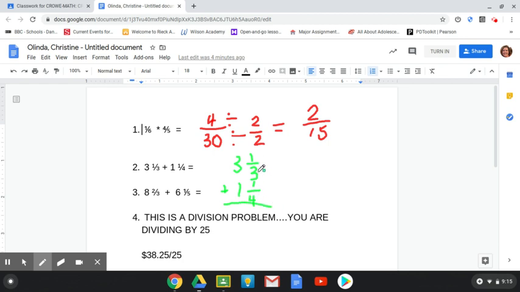And then we can change the denominator so that they're the same. So 3 and 4 have the least common multiple. Remember how we found multiples? What can 3 and 4 both go into equally? And the smallest would be 12.